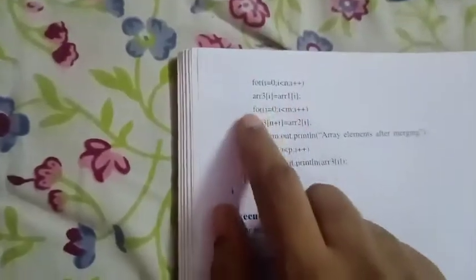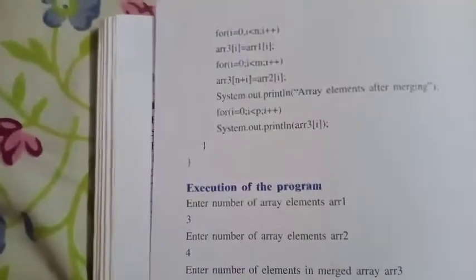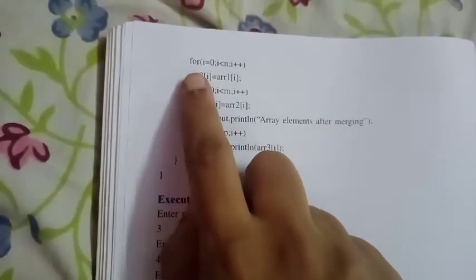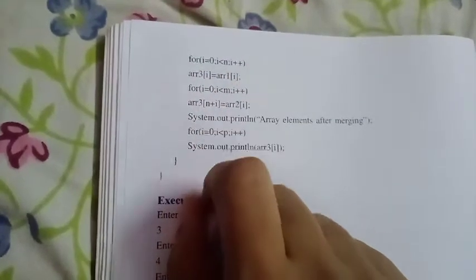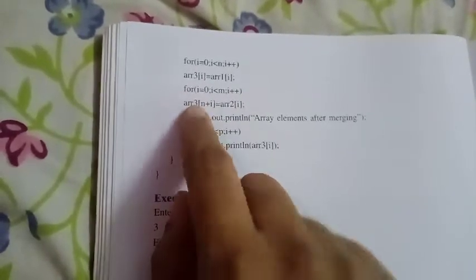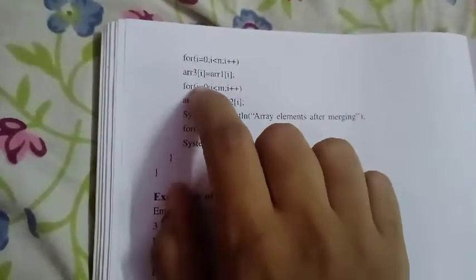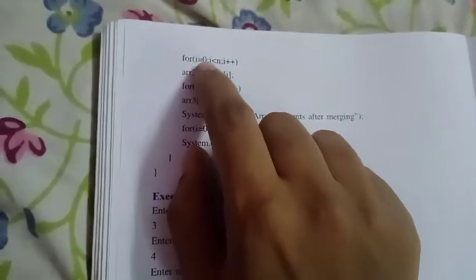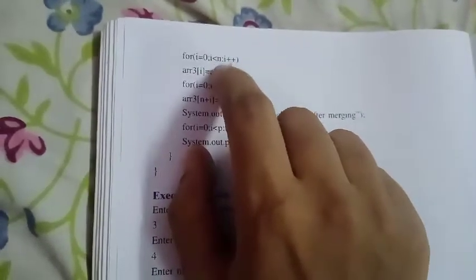For i is equal to 0, i less than n, i plus plus, see, this is your array 3. Here i less than n is for your first array. The first array's length only we have stored in n.